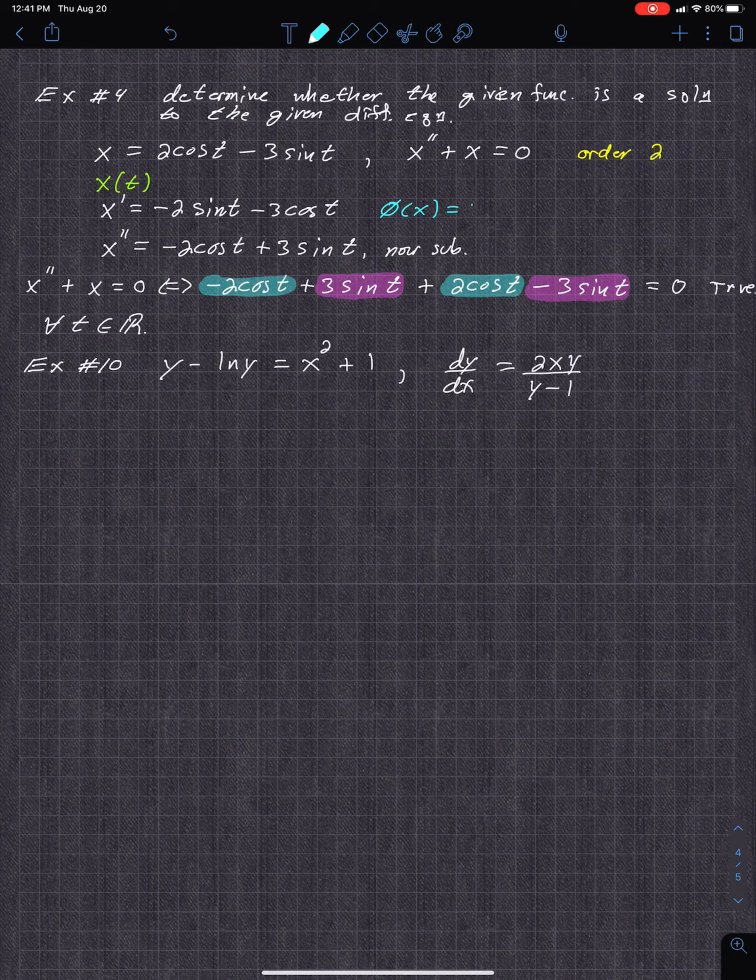So phi of t, sorry, phi of t, that's our independent variable, 2 cosine t minus 3 sine t is an explicit solution to that differential equation.